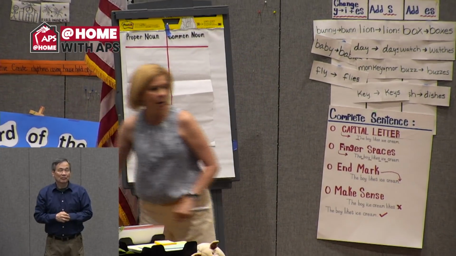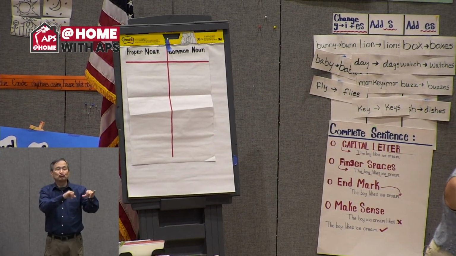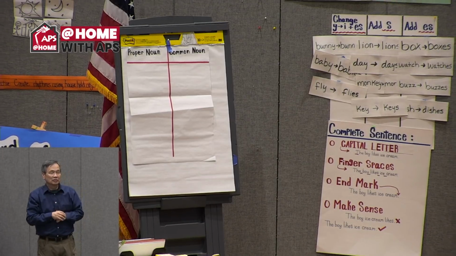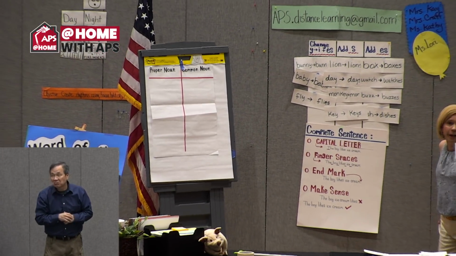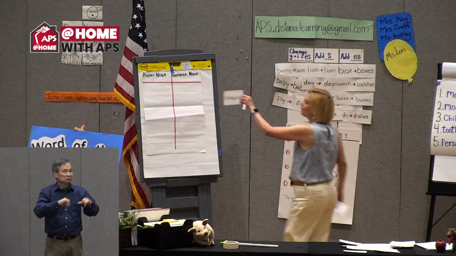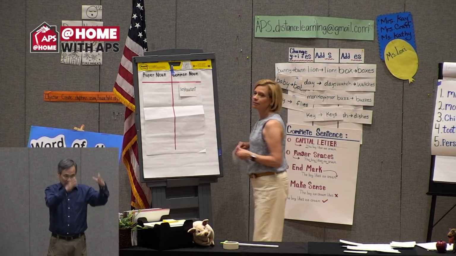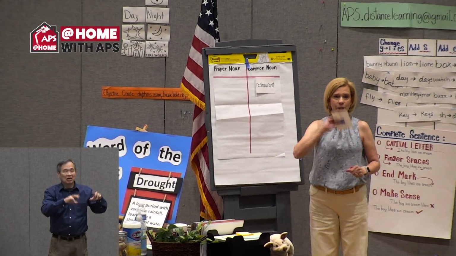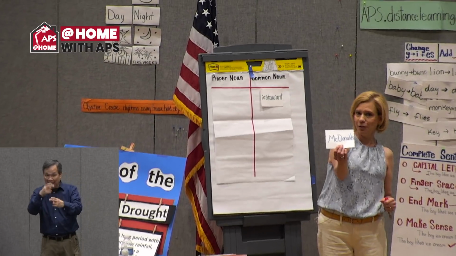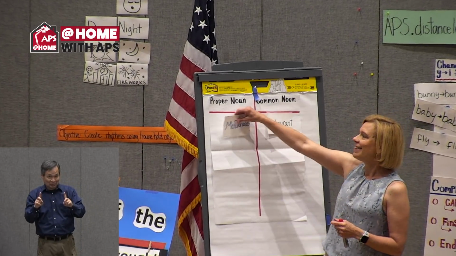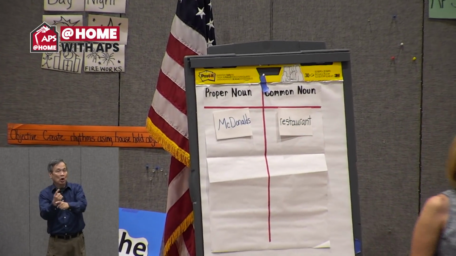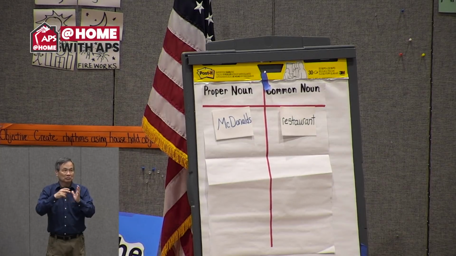So our common nouns, if I say the word restaurant, could be any restaurant, right? All right, so let's put that into our common noun box. But if I give you the name of a restaurant, McDonald's, that is a proper noun. What about another word? River.